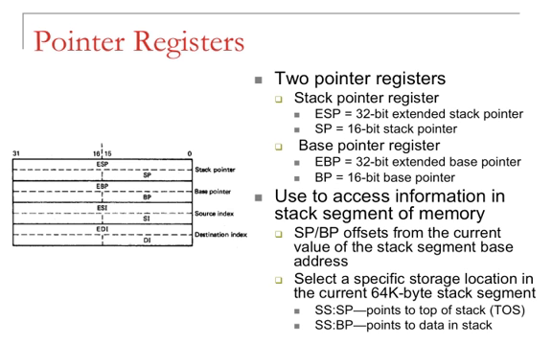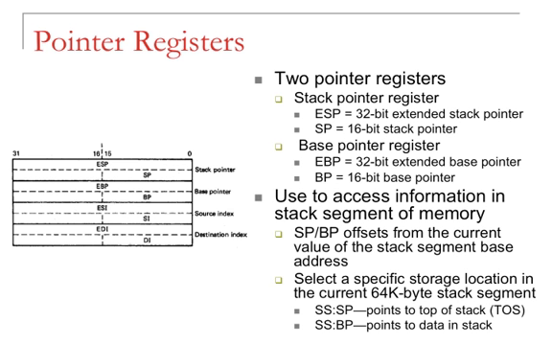Similarly, for the stack segment, we start from 0, and this SP is a 16-bit register. It has a value. It could be 1, 2, 3, 4, or something else.